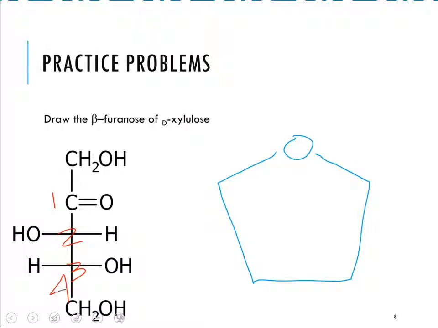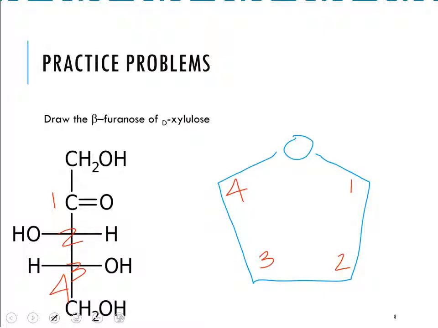Now I numbered starting at the carbonyl because that's where my carbonyl is. So 1, 2, 3, 4. How you number it doesn't really matter, just as long as everybody's accounted for. We know we don't want to magically lose a carbon or magically gain a carbon. So as long as you're numbering them and try and be consistent with how you number them, that's what's going to help you out.